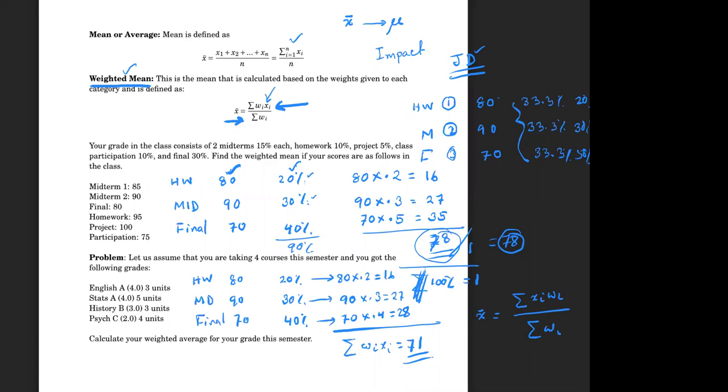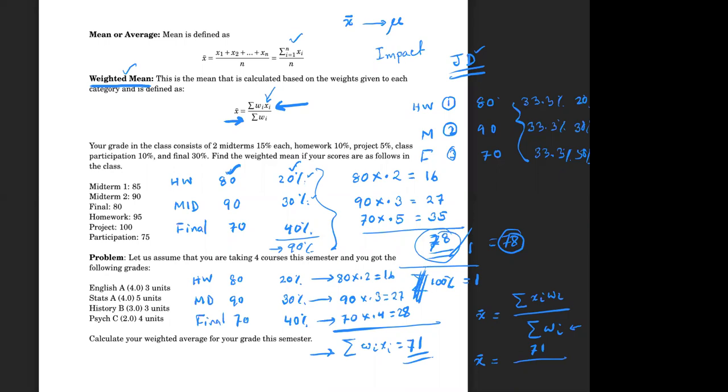Now remember, summation xi wi is 71, okay? Now you have to divide by the sum of the weights. Now the sum of the weights is 90% or 0.9. If these numbers add up to 100%, you don't have a problem. But if it adds up to 90%, then you actually have to divide it by 0.9.